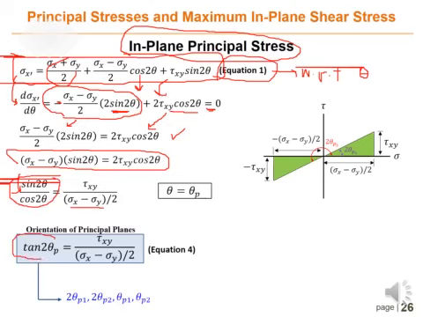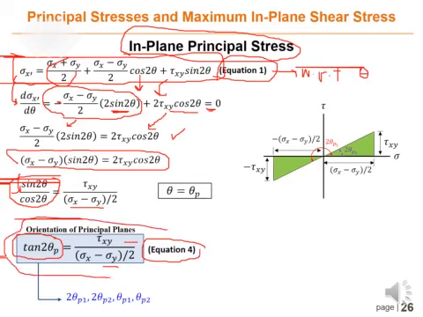So now we have tangent 2 theta p, by referring to the principal plane. So tangent 2 theta p equals tau xy divided by (sigma x minus sigma y) divided by 2. This is equation number 4.